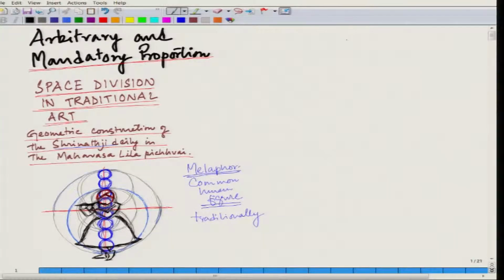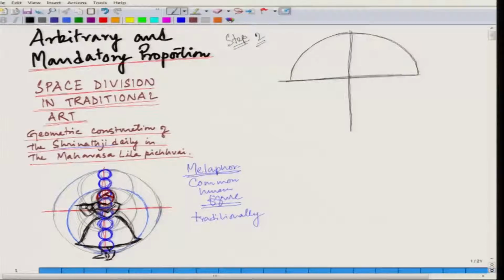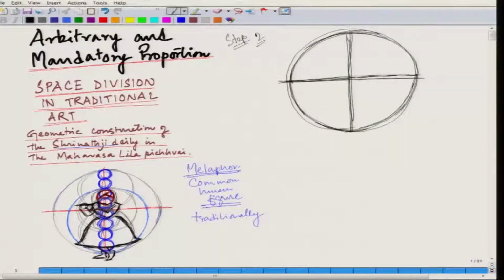So, step 2 of our analysis will show us another simplistic feature to decode the formation, which is, we have a larger circle and we may divide the space into 4 halves.